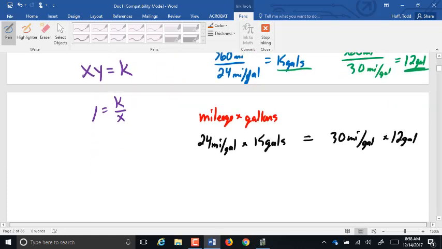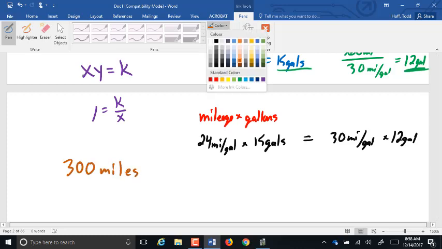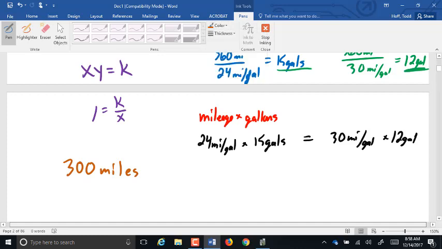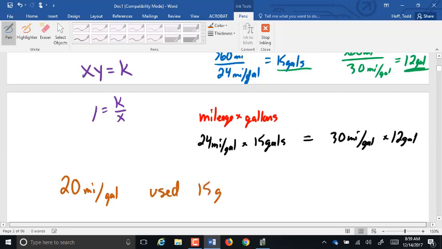So if we were setting this up, let's look at another example. Let's forget about the number of miles on the trip. Let's just say in a vehicle that gets 20 miles per gallon, the trip used 15 gallons.